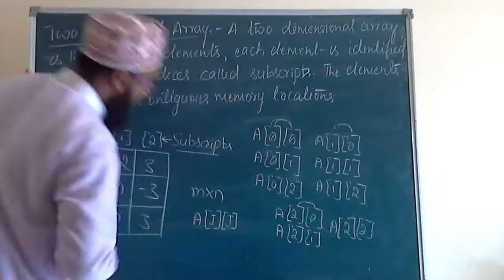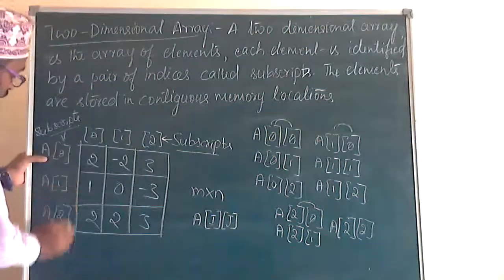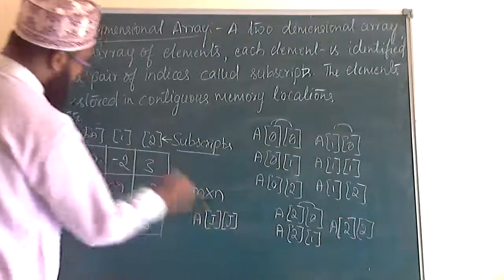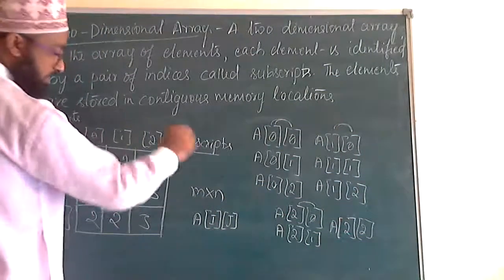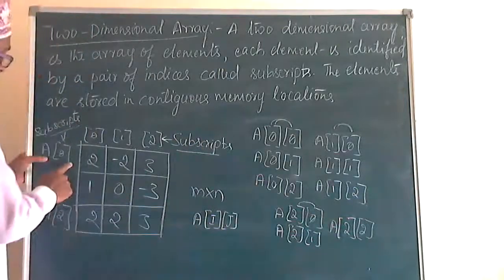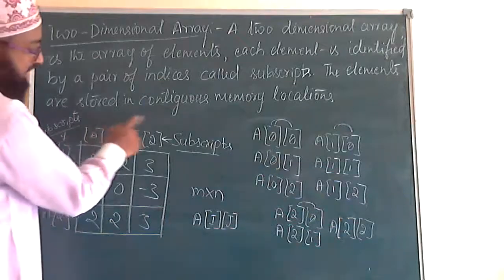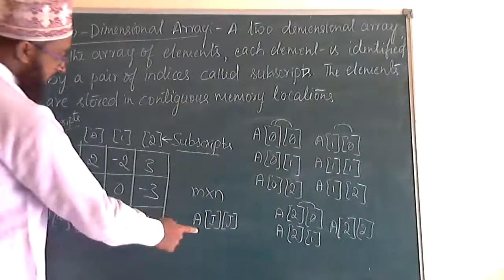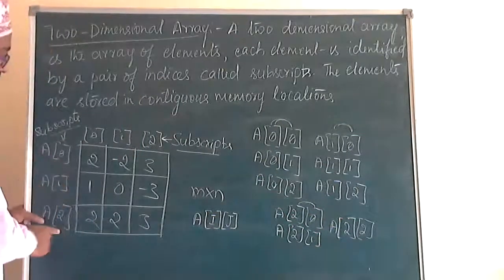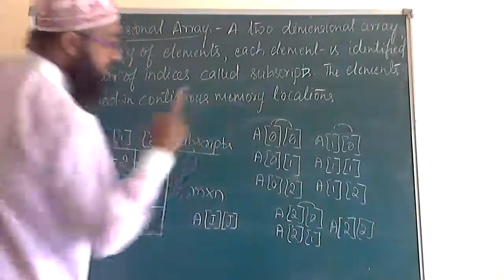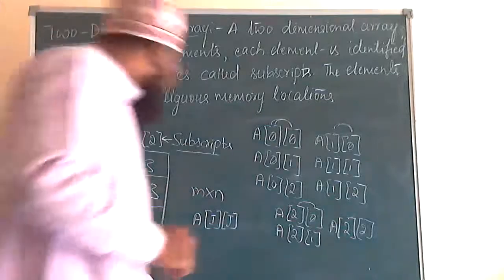I means the row subscripts, 0, 1, 2. J means the column subscripts. A of i, j means a of ith row and jth column. A of i means a of 0, a of 1, a of 2, then j means 0, 1, 2. Like this, we will represent a two-dimensional array.